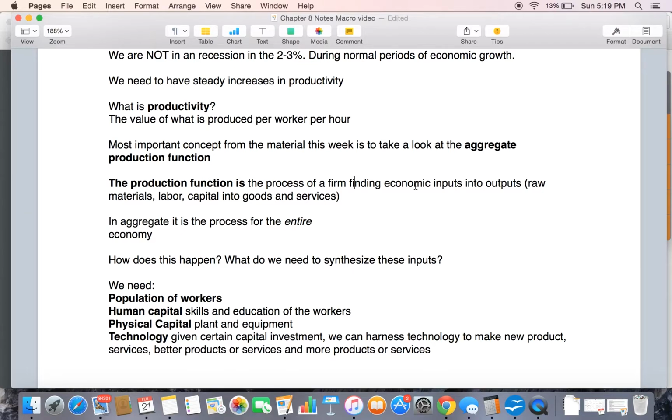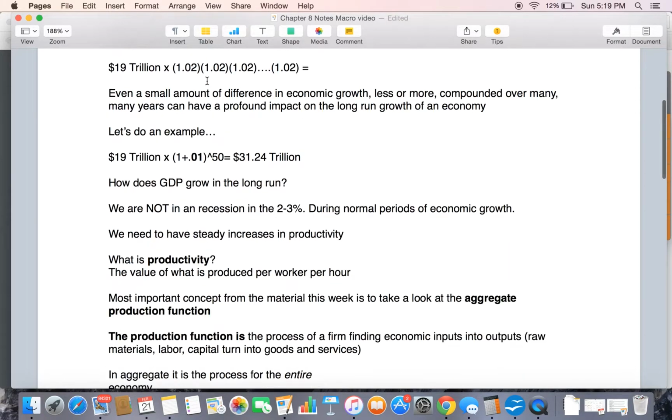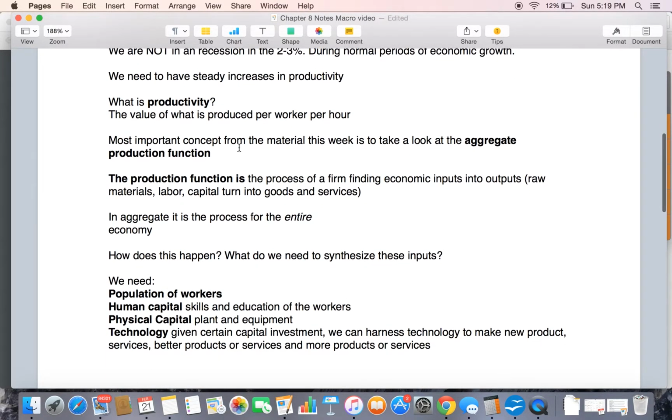So we'll take raw materials, labor, and capital, and we'll turn them into goods and services that are purchased by either consumers or business, or as part of business investment, by the government, or by someone outside of the country. So that's a basic production function.